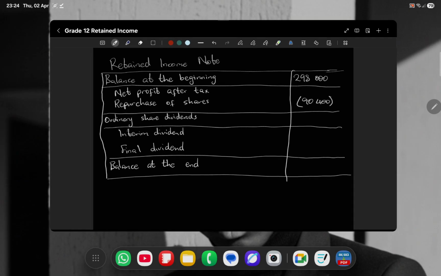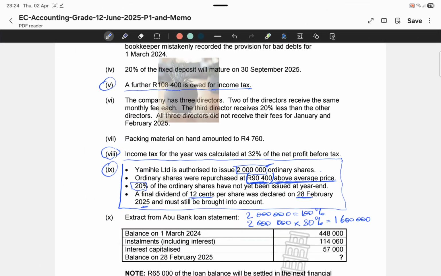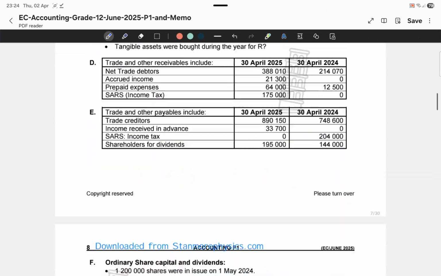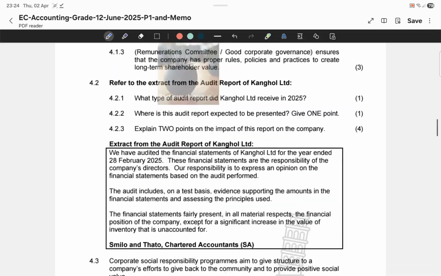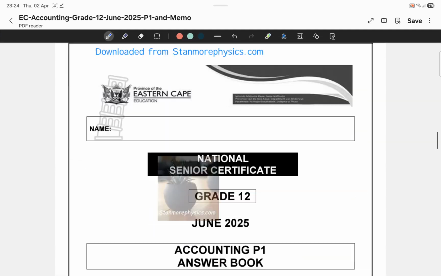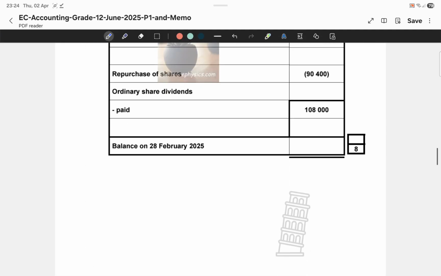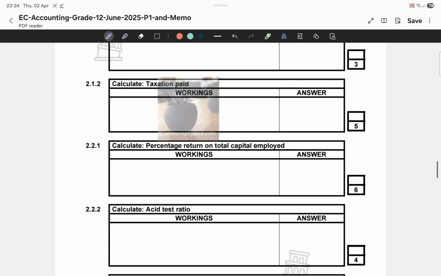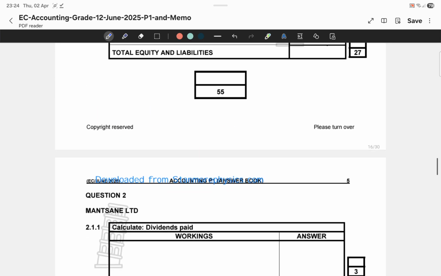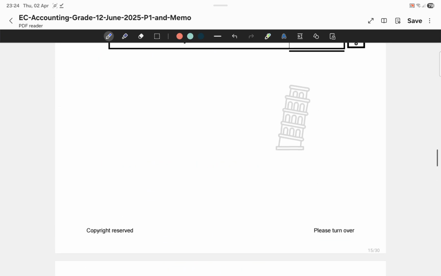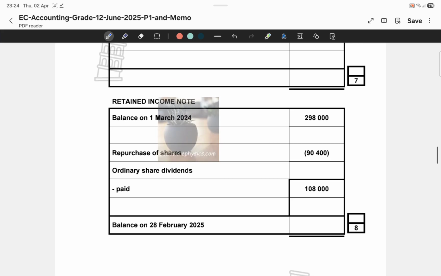Then now, let me check the answer sheet. It seems like we've been given an amount for one of the dividends. Here it says paid. As I mentioned before, interim dividends are declared and paid during the financial year.